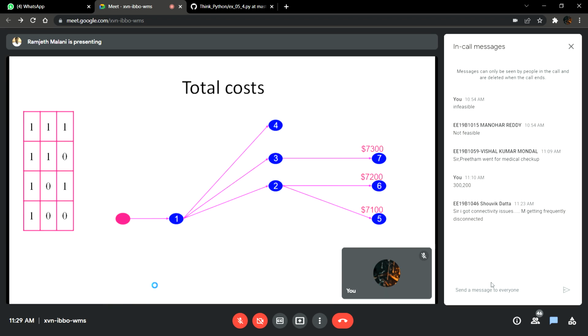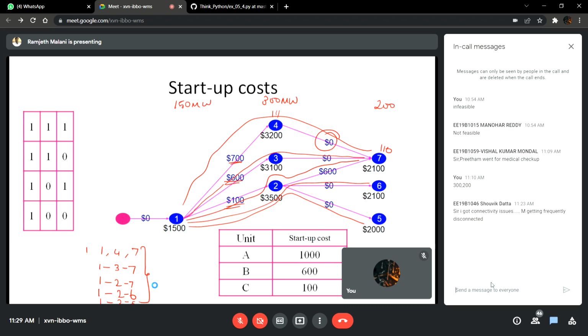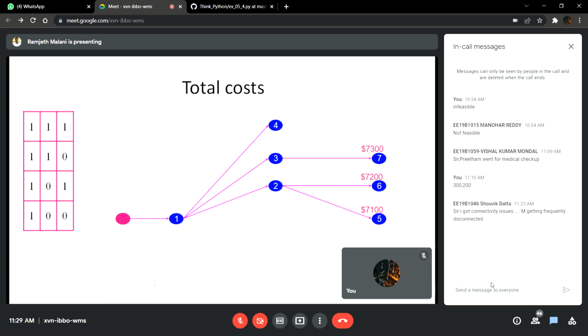Now we find out the total cost for all possible paths, and the lowest total cost is the optimum.